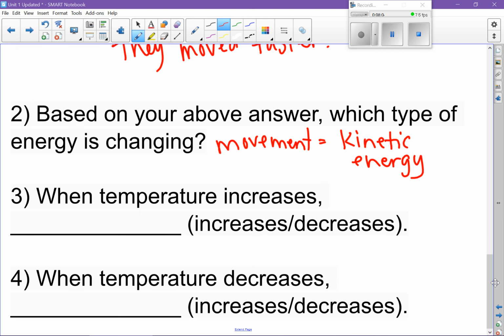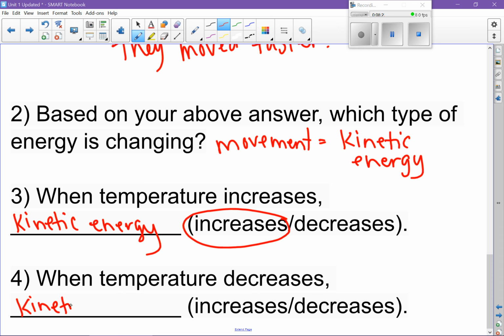So now if we put that together, when temperature increases, it was their kinetic energy, and because they were going faster, that kinetic energy was increasing. When temperature decreases, we were also changing the kinetic energy because we were changing how they were moving, but they ended up going slower, and so they were decreasing the amount of kinetic energy.